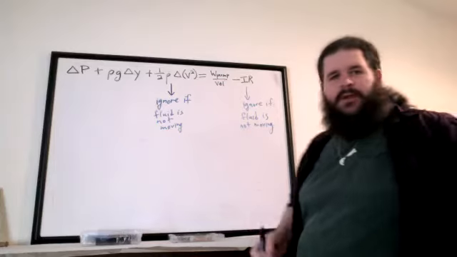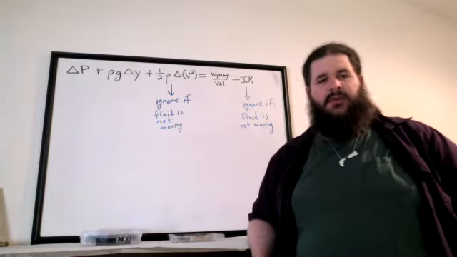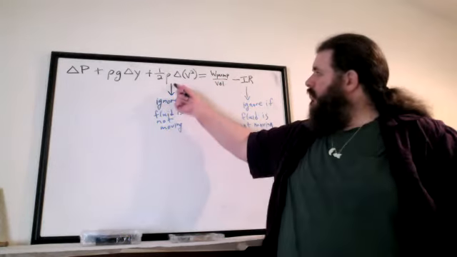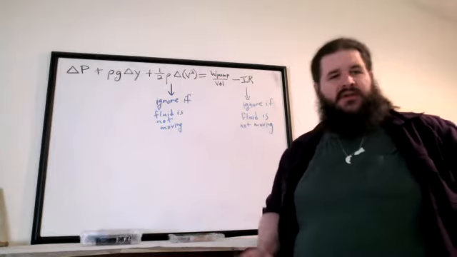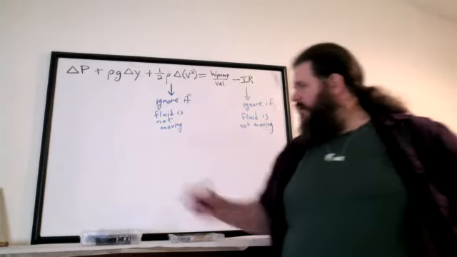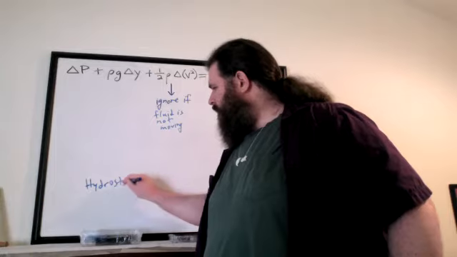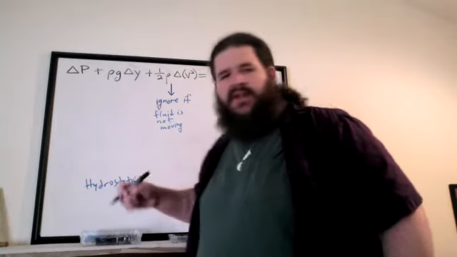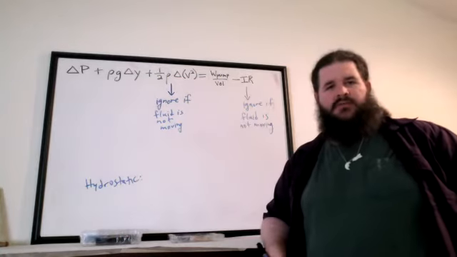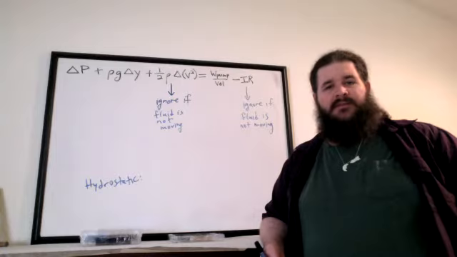So in any system where the fluid is stationary, if there's no motion at all, then you can ignore both of the terms that involve motion. And this is usually what we call a hydrostatic system. In a hydrostatic system, there's no motion at all. The fluid is not moving.